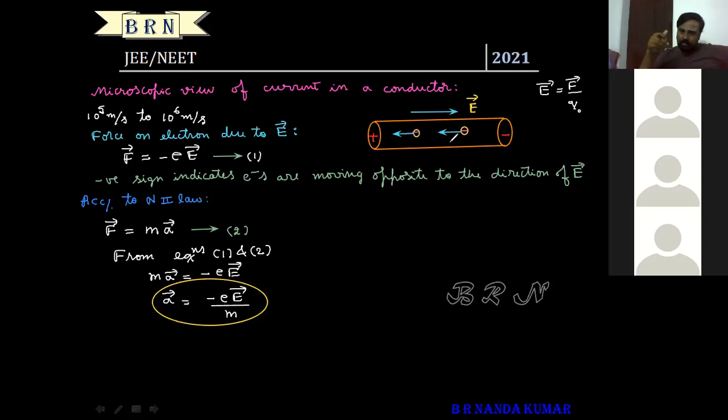The extra velocity gained does not continue, because the accelerated free electron collides with other free electrons in the conductor.